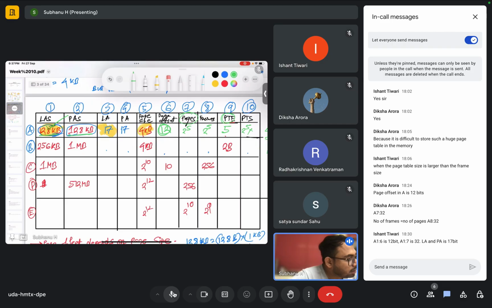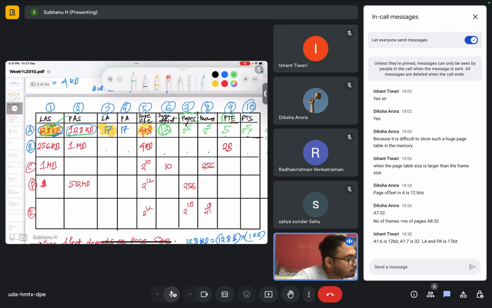This is also the same, 128 KB, so that's why I write 17 here. What is the page offset?